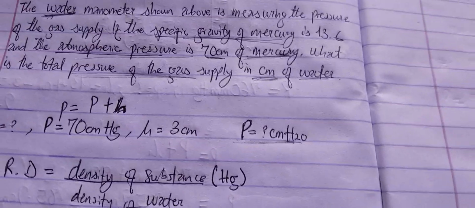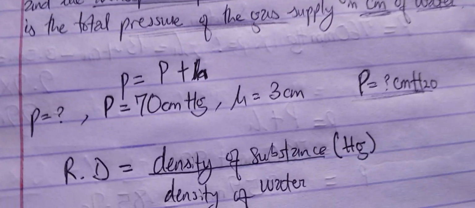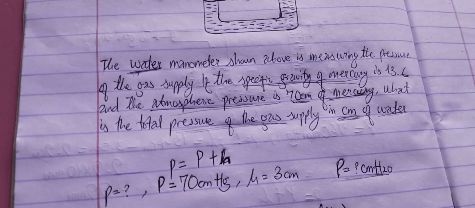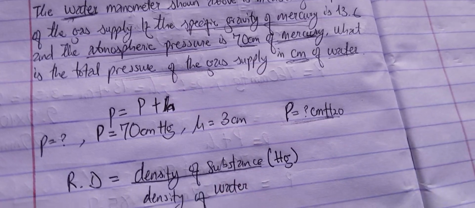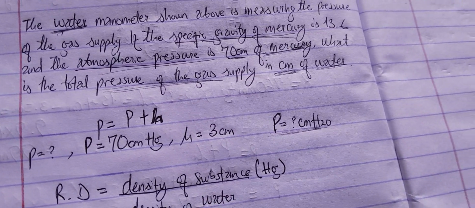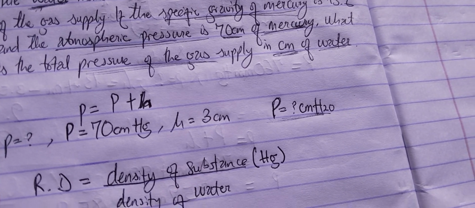Yeah, it's the same thing. You understand? So relative density can also be called specific gravity. Okay, so the relative density of mercury is said to be 13.6 equal. We're looking for the density of mercury over.